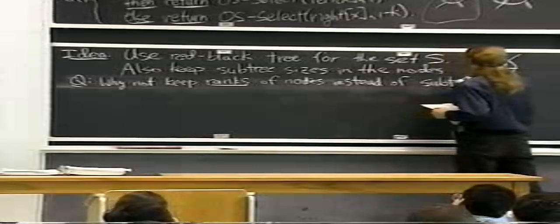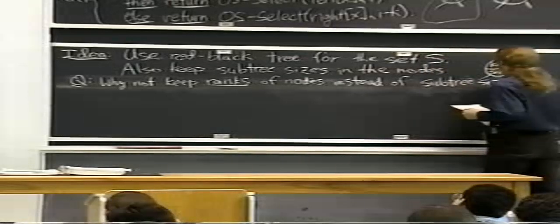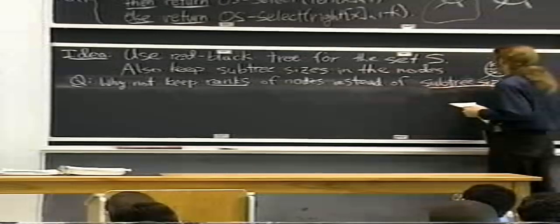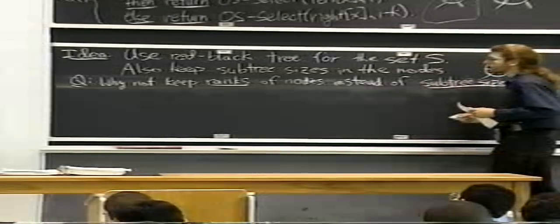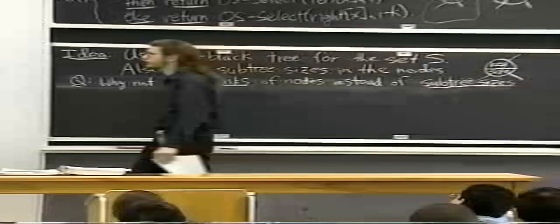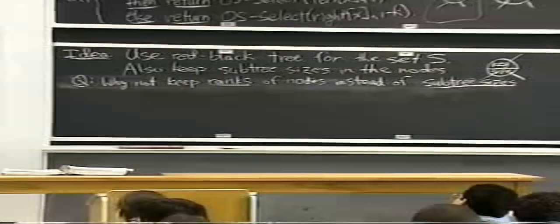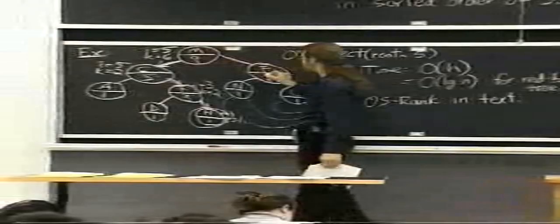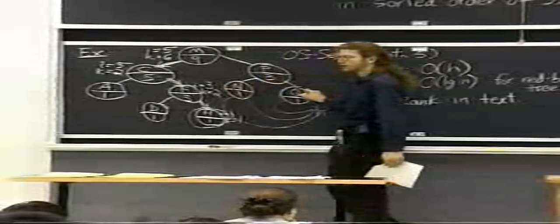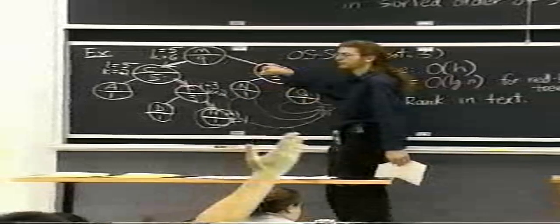We stored subtree sizes, but subtree sizes are somehow not what we want. It worked out in the end, but wouldn't it be more convenient if we stored ranks? This is the first element, this is the second, third, fourth, fifth, sixth, seventh, eighth, ninth. Why can't I just store those numbers in those nodes?